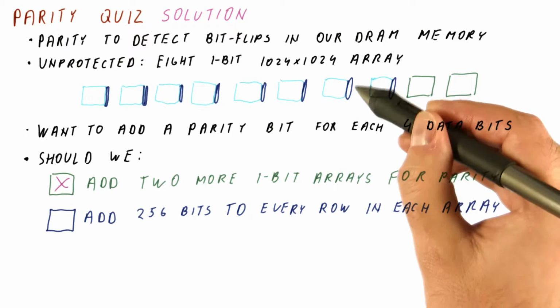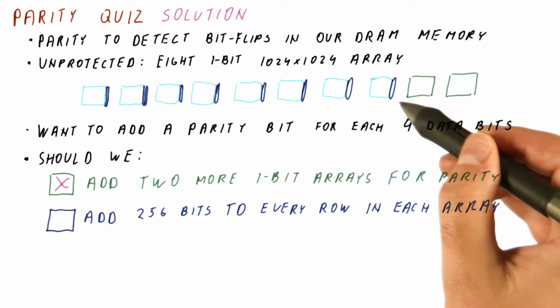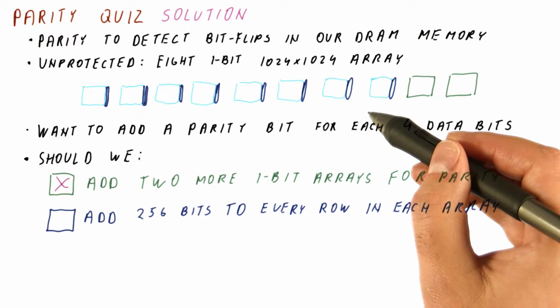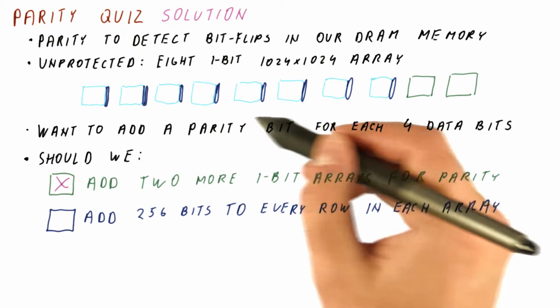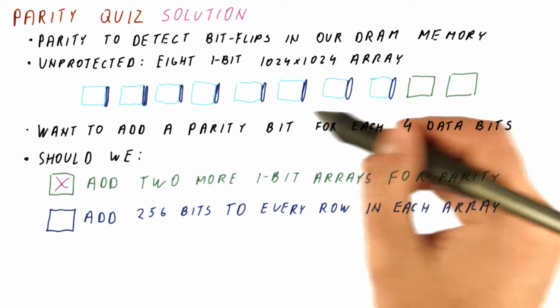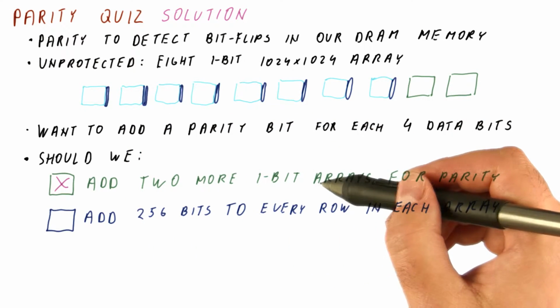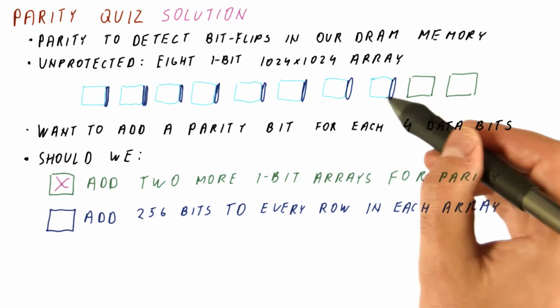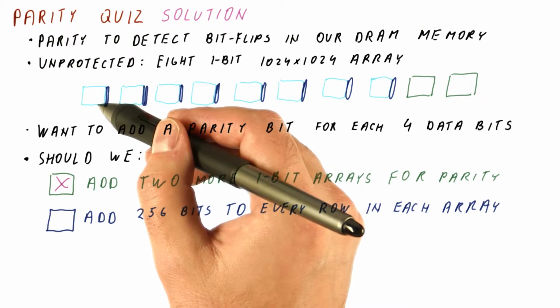If we decided to add parity bits here, then depending on exactly how many parity bits we are adding for how many data bits, and whether we are having parity at all, we would need to redesign our memory array every time.